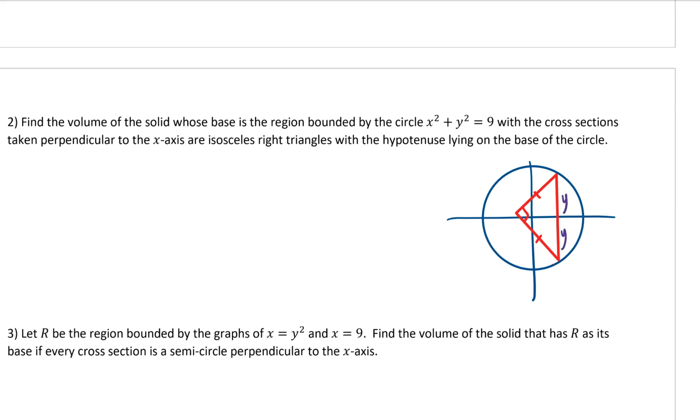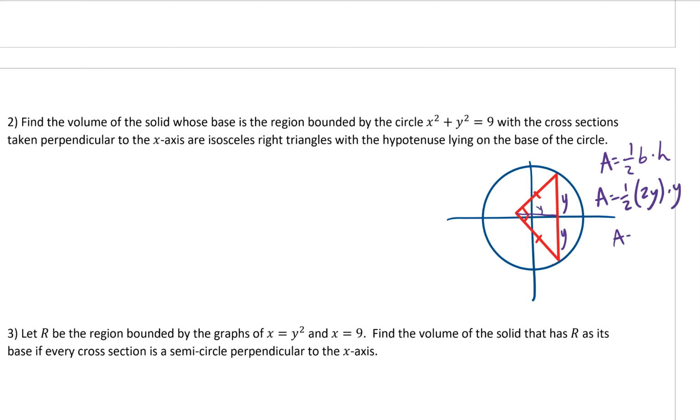And if I do that, I know that the area of one of these isosceles triangles is just going to be 1/2 times base times the height. So that's pretty good. Now, because it's an isosceles triangle, and we already figured that out, that means the height of this part will also be y. We talked about that up above. And so that means we have the area is just 1/2 times 2y times y.